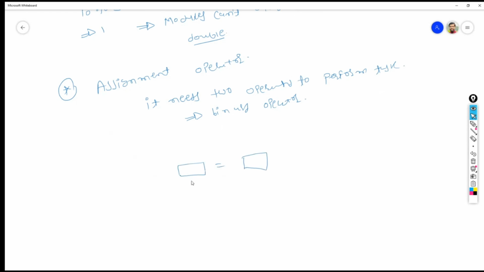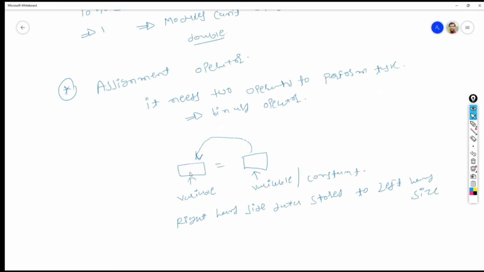For the assignment operator, the left side is a variable and the right side is either a variable or any constant value. It will store the right side data into the left side. This is the main use case of the assignment operator: it stores the right hand side data into the left hand side.